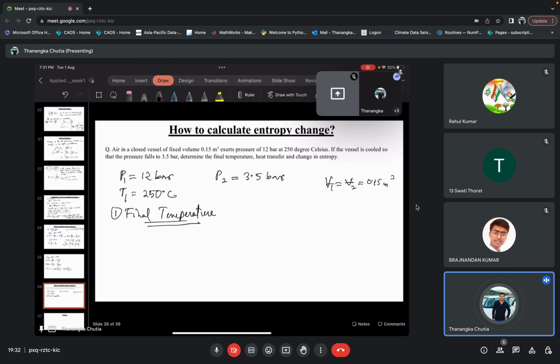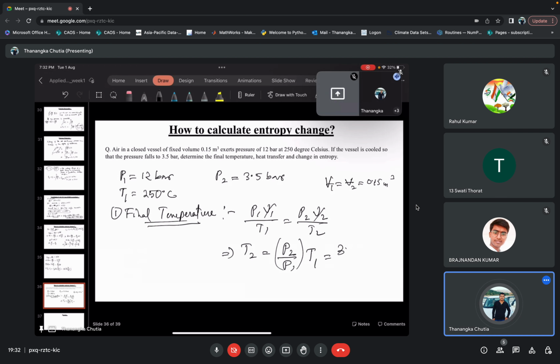So P1 V1 by T1 will be equal to P2 V2 by T2. V1 and V2 cancel, so your T2 is basically P2 by P1 times T1.